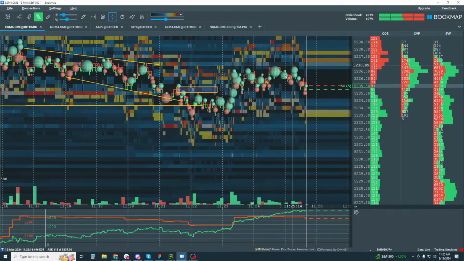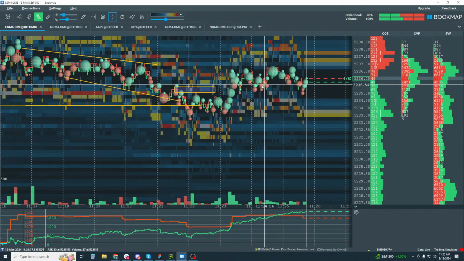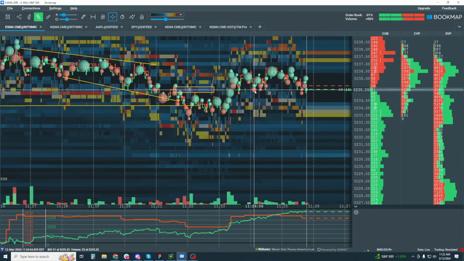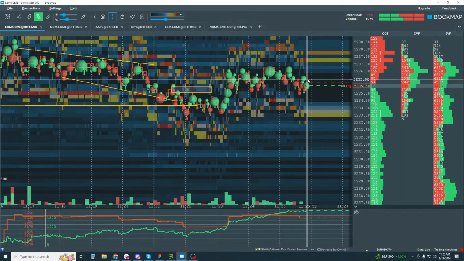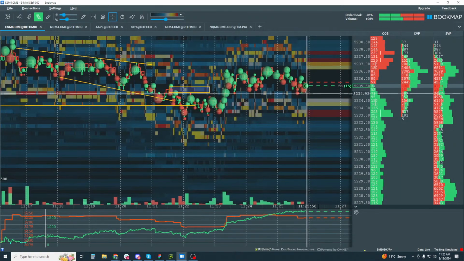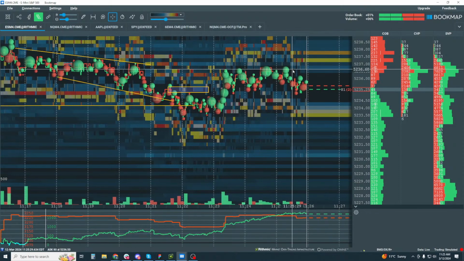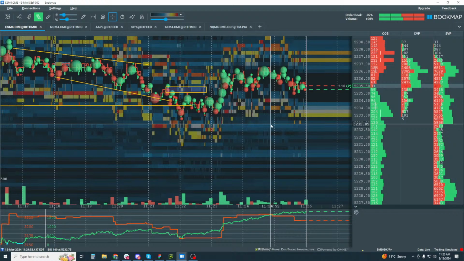Okay, still chopping on this pullback here. And now, here's our little level. See how we just poke below here? Okay, now do we get buyers back up above? Starting to. All right, let's see them come back up to 36.5, 36 3/4.